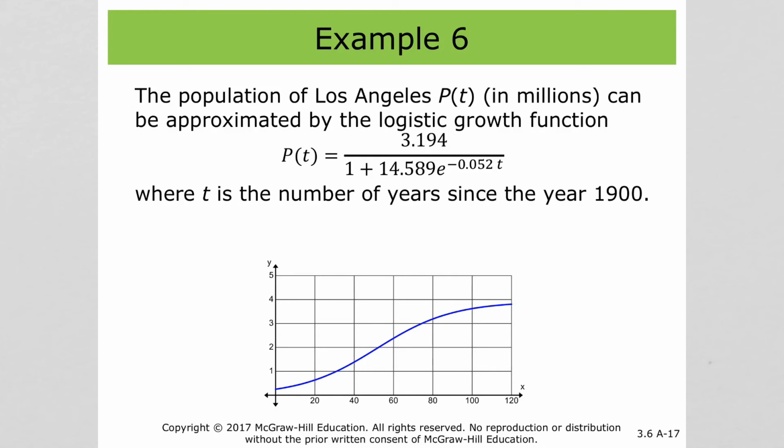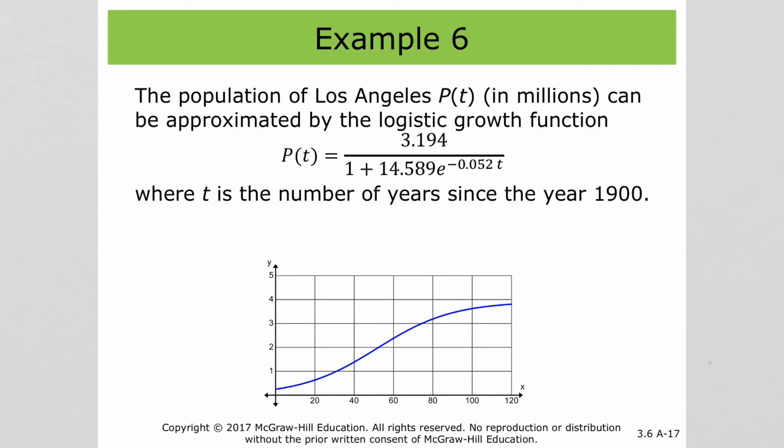The first thing I'm going to ask you, which is not on here, is what is the carrying capacity? 3.194. That's 3,194,000. So whoever this researcher was decided that the city of Los Angeles could not support more than 3,194,000 people.